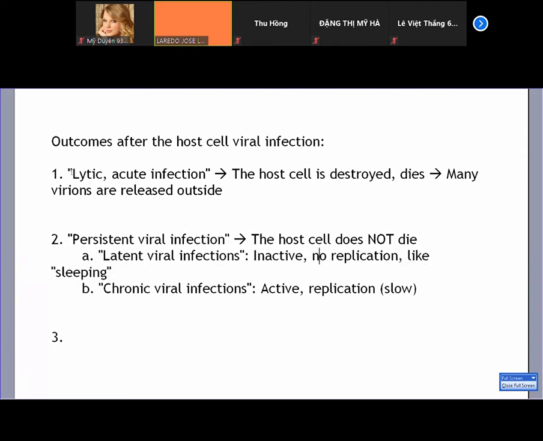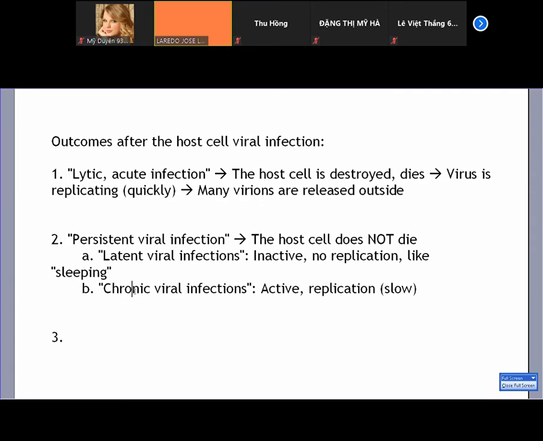So, what's the difference between lytic infections and chronic infections? During lytic infections, the virus is replicating quickly.